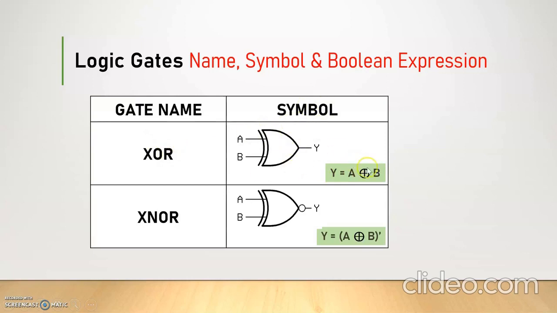The gate symbol is like this. This is the Boolean expression for XOR. XNOR, we draw like XOR, but we have a small circle to indicate not, because XNOR is a combination of not XOR. The expression is written like XOR, but we bracket it and put a prime there to indicate not XOR.